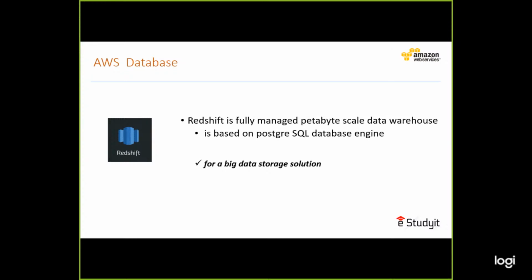If you have a large database and you want to scale it up or down, you have the benefit of using this service as a warehouse database. You can also use your SQL, structured query language, engine on that warehouse. You can add, delete, explore, amend, edit, and also run queries. It's really a big data storage solution.